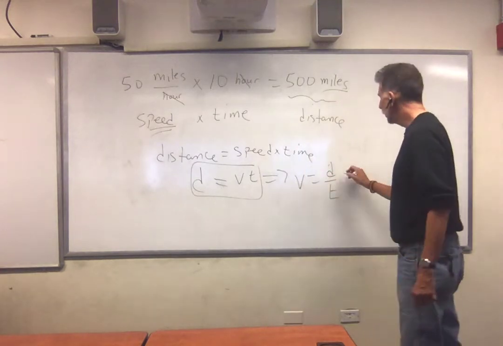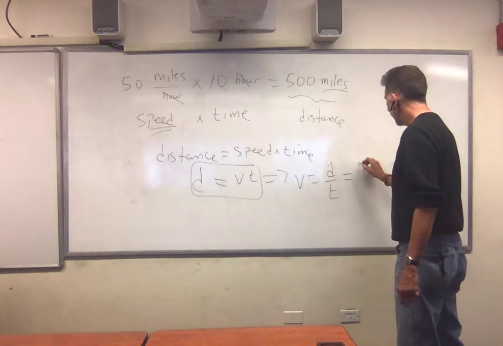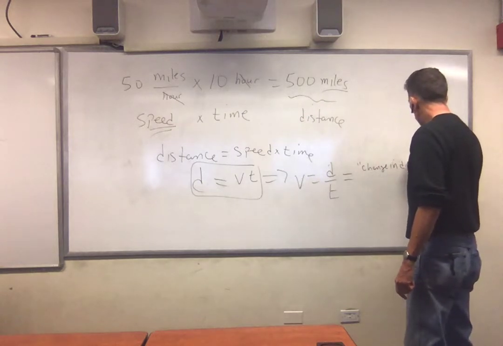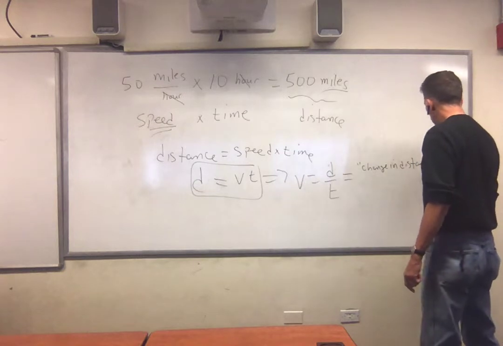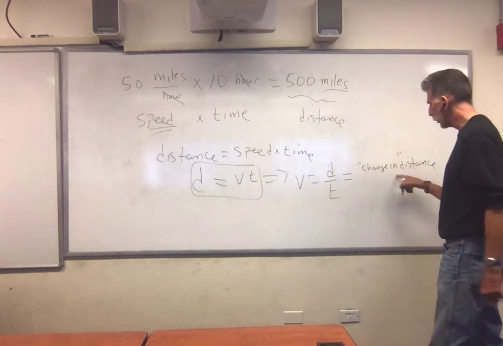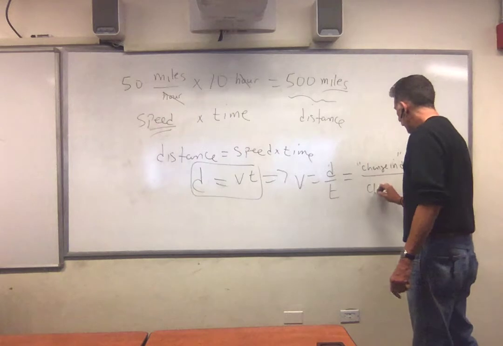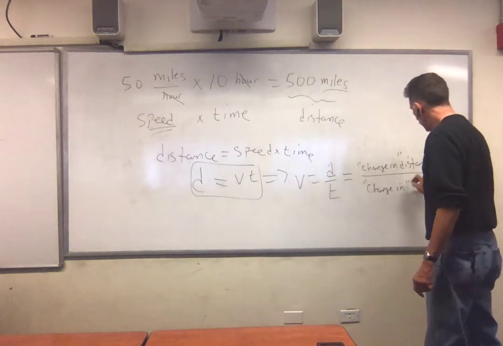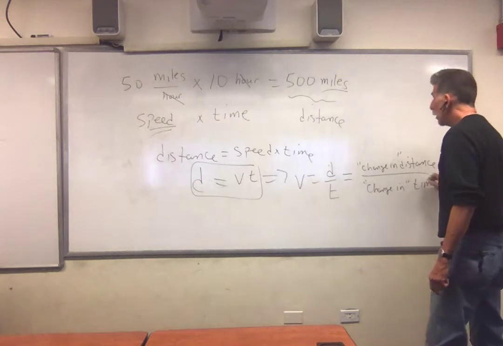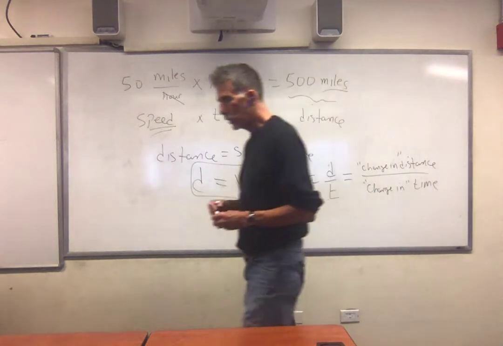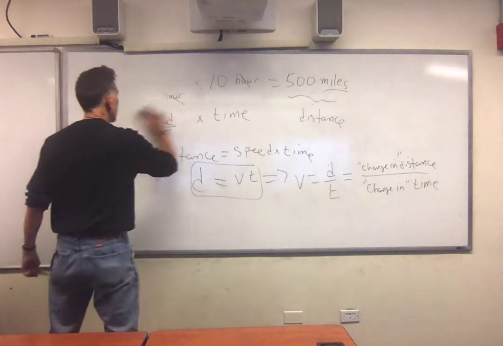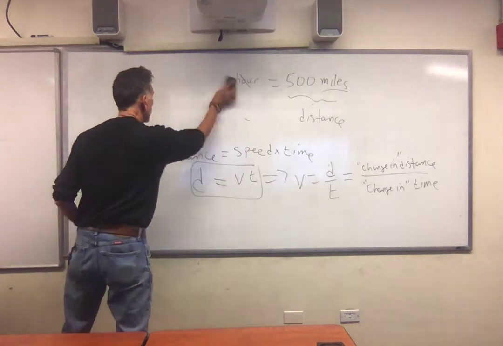Okay? Now, I'm going to write this as a change in distance, divided by really a change in time. Now, many of you already know this, that mathematically we write "change in" with the Greek symbol delta.